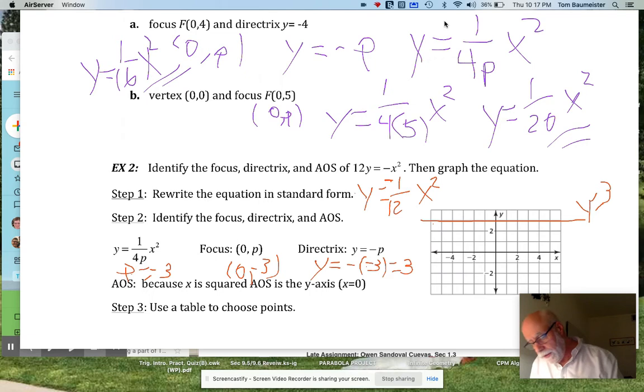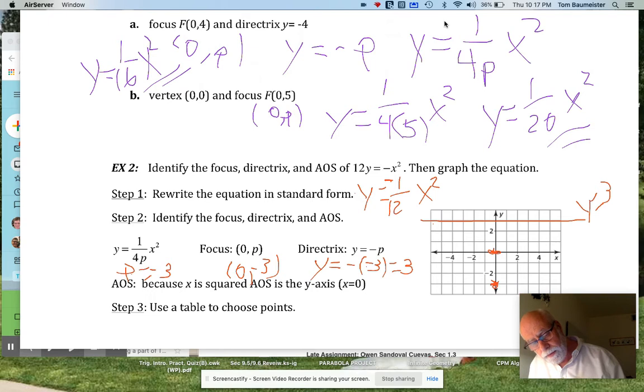That's our directrix. Remember, our vertex is still going to be at 0, 0. Okay? And our focus is at 0 and negative 3. So our focus is going to be here.